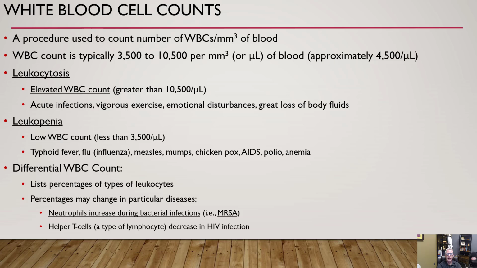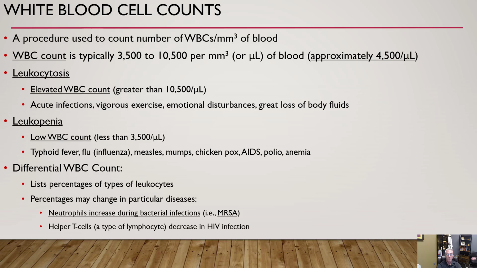And when we have an infection or if there's something going on, just having a white blood cell count number is not sufficient. So, a white blood cell count of 3,500 doesn't really mean anything.